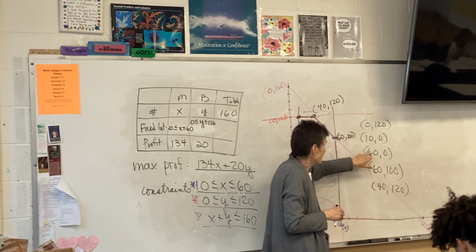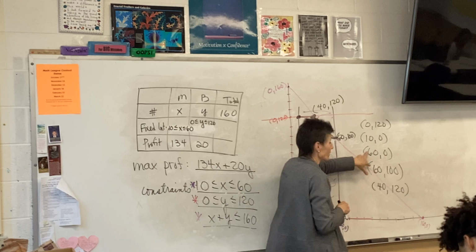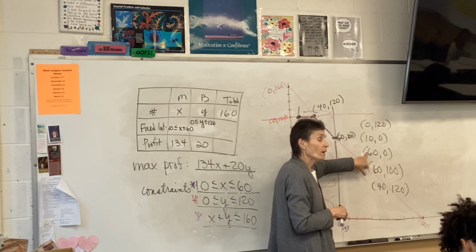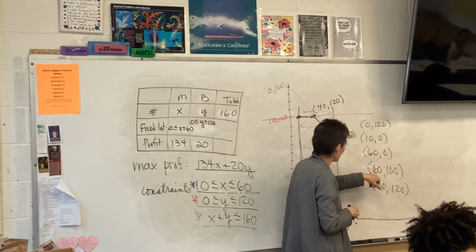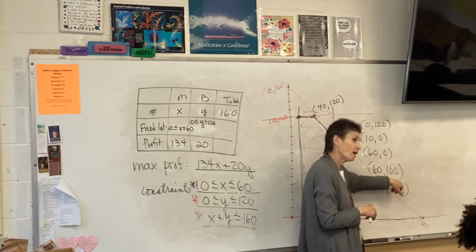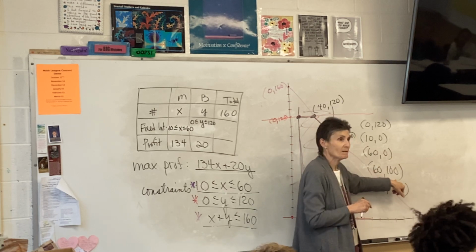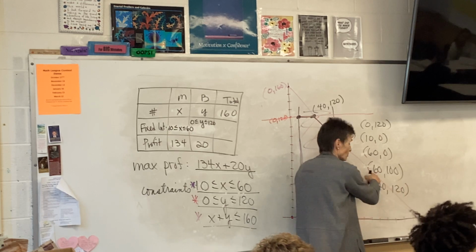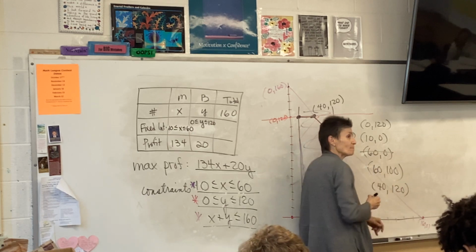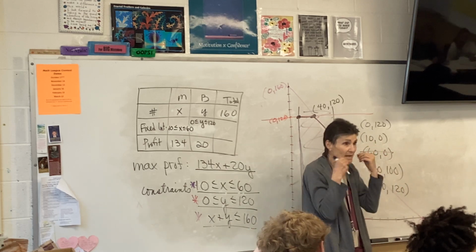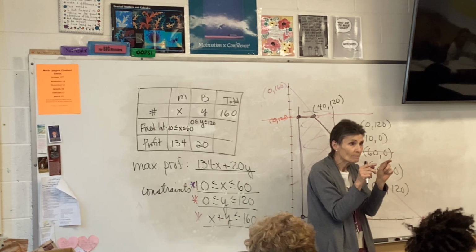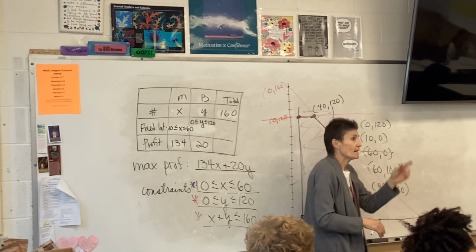We're making 60 motorcycles. Well, if I make 60 motorcycles and no bikes, or I make 60 motorcycles and 100 bikes, which one's gonna make me the most money? This one, right? So I'm not gonna waste my time typing that in, but you can. If what I'm saying right now is confusing you, then put them all in and pick the biggest one.